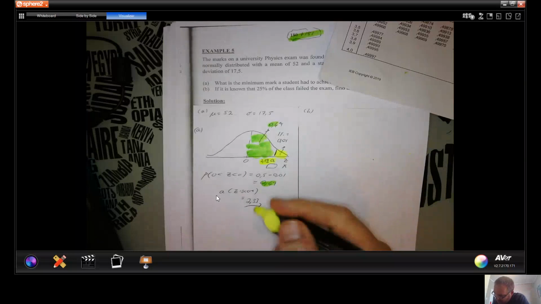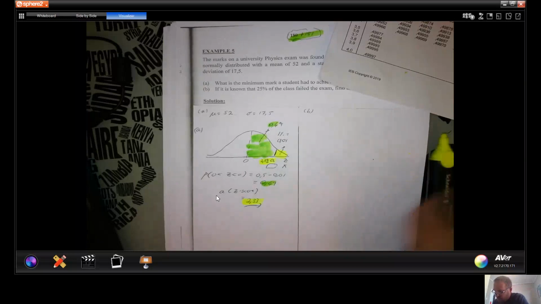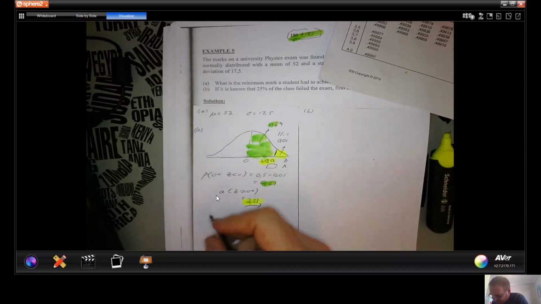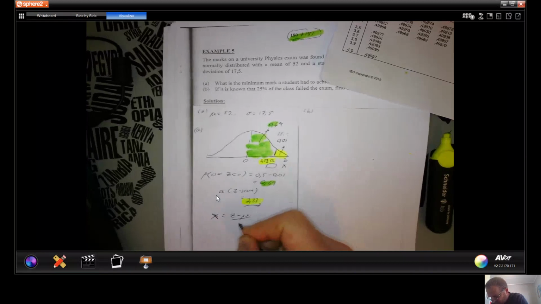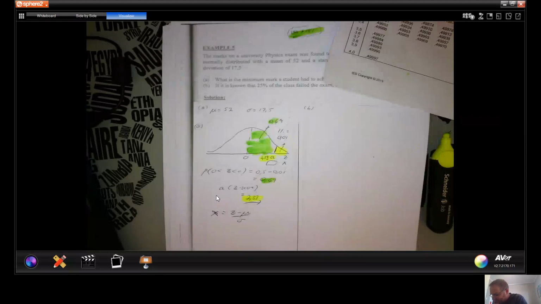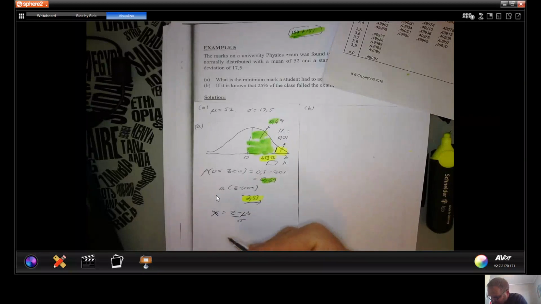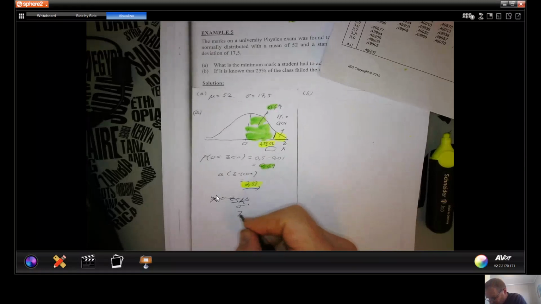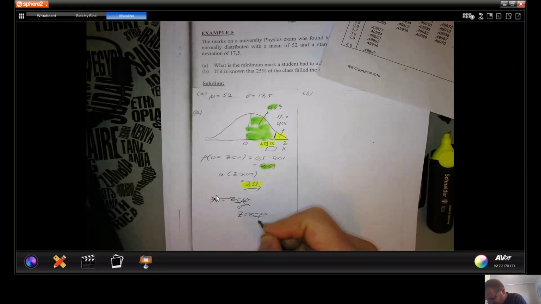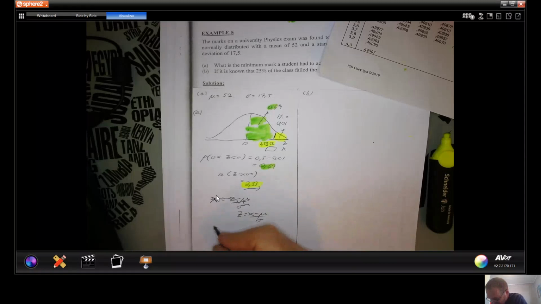Now I need to find what that is as an X score. What links X and Z? It's the formula Z is equal to X minus mu over sigma. If I manipulate that formula, I get Z times sigma plus mu is equal to X, because I'm looking for an X score.